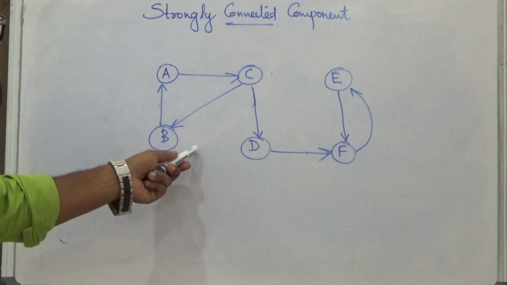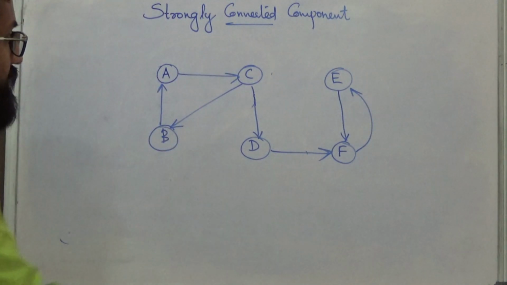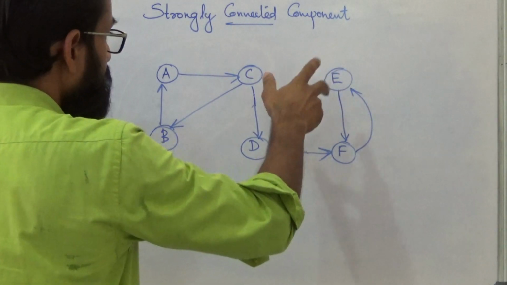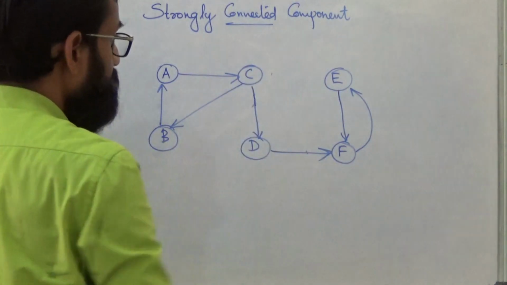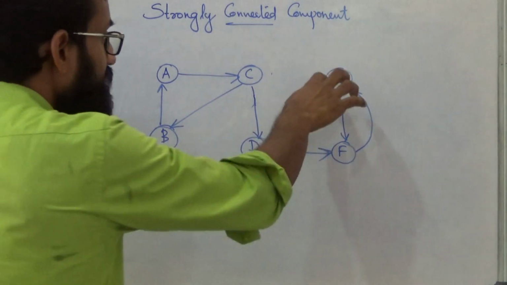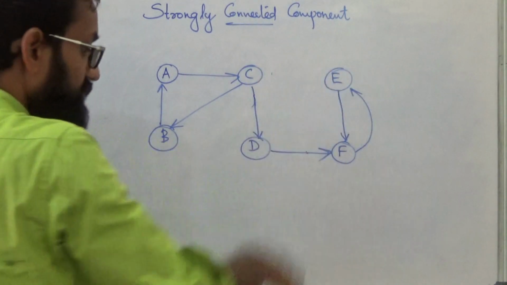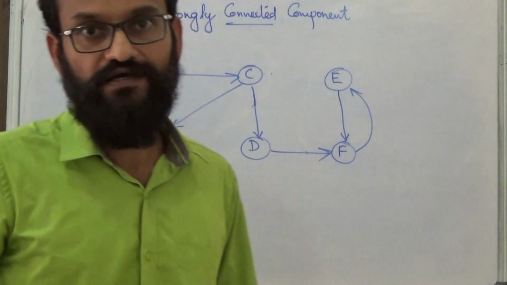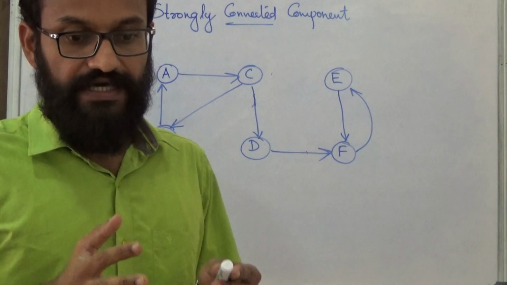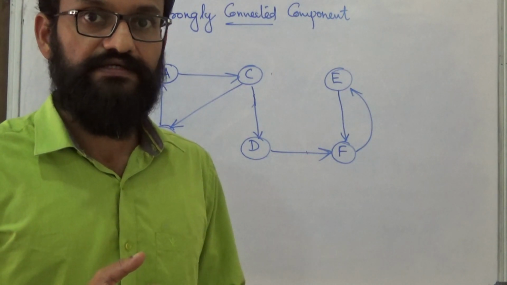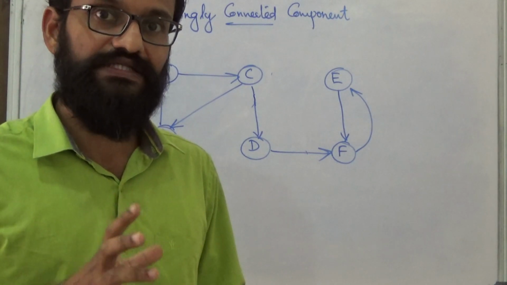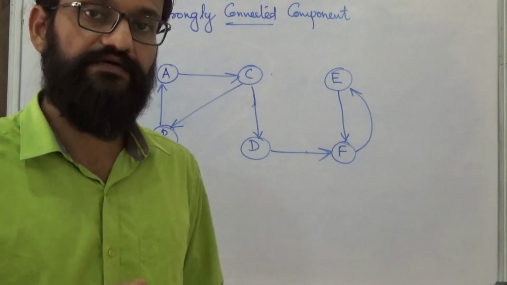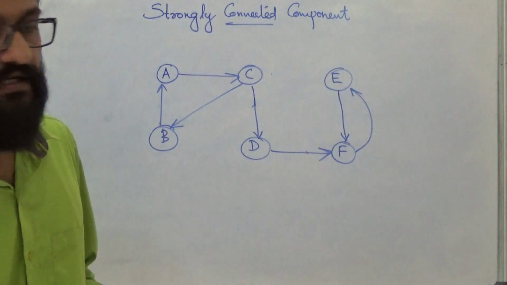This graph is not a strongly connected graph, because if I take E to C, there does not exist a path. So this graph is said to be a weakly connected one. So a directed graph in which there exists a path between every pair of vertices is termed a strongly connected graph. Otherwise the graph is said to be weakly connected.